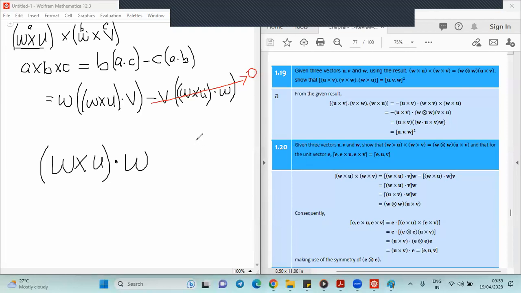What a cross product does is that it takes two vectors, and it gives you a vector that is normal, or perpendicular, to their plane.